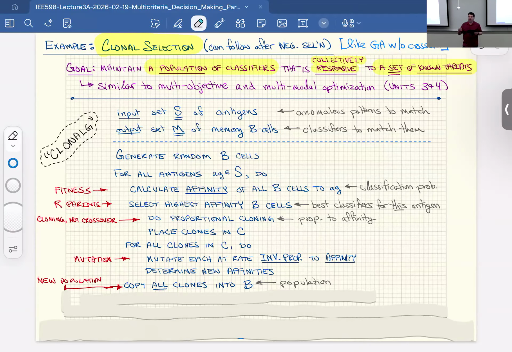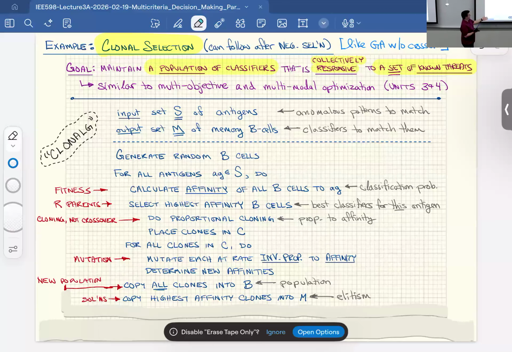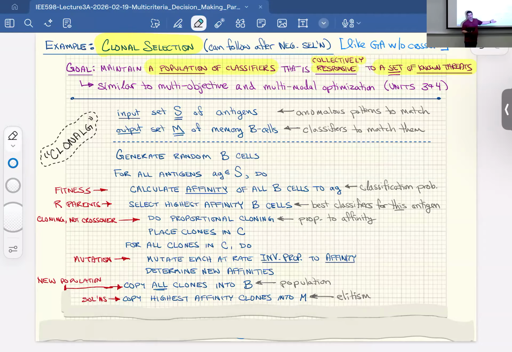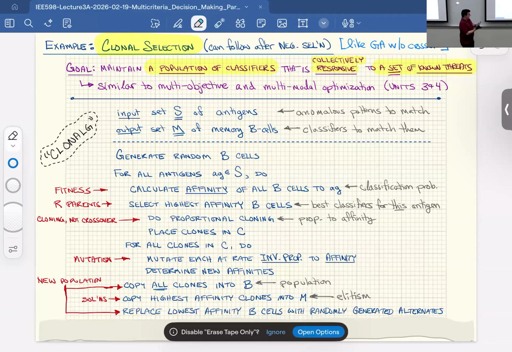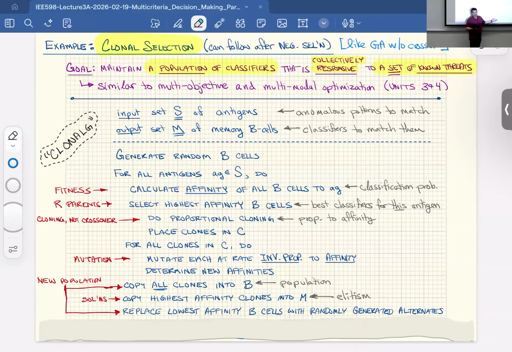Then we have to figure out which of those we're going to store in M, which is our actual memory B cells that we keep around. So we're going to copy the highest affinity clones into M, our elite group that maintains there. And then we take the lowest affinity B cells and replace them with more randomly generated alternatives.